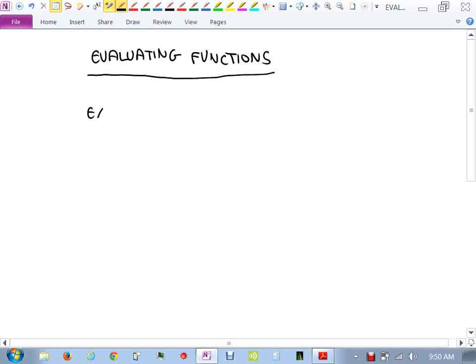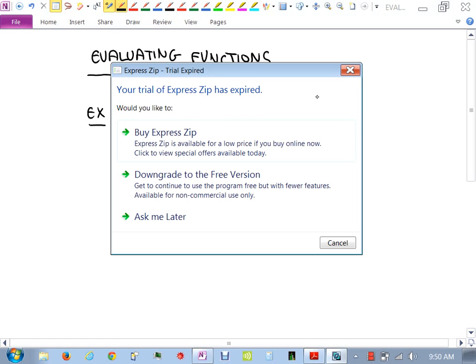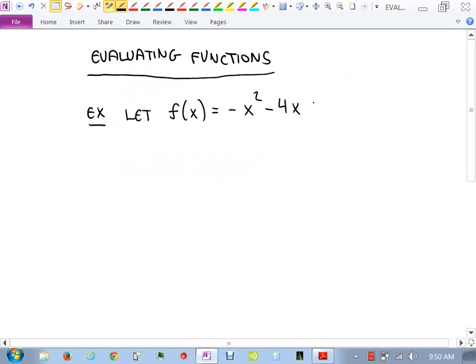Well, we're going to do an example. Let f of x, that means I'm defining a function, equal negative x squared minus 4x plus 7. So there's a function, right?